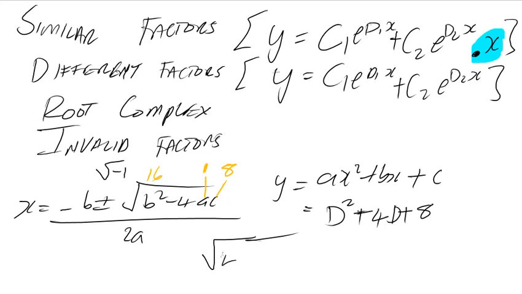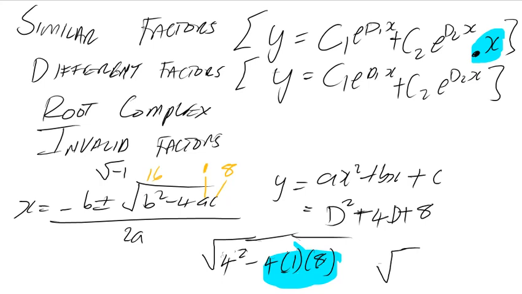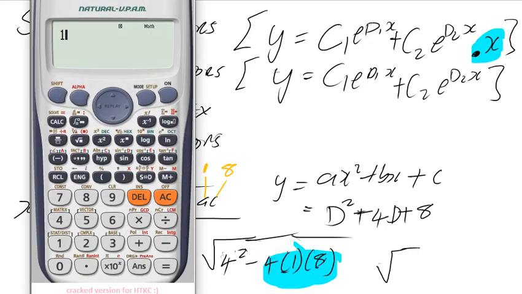So you'll have 4 squared minus 4 times a, where a is 1, and c is 8. So the combination of this will be bigger than that, so you'll get a negative square root. Here you get 16 minus 8 times 4, which gives minus 16. You see, minus 16.